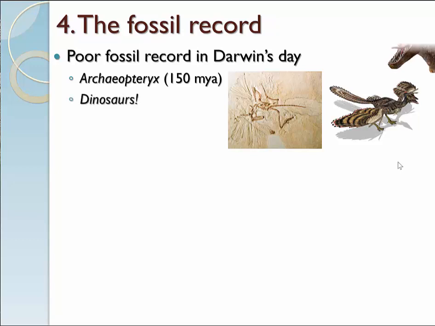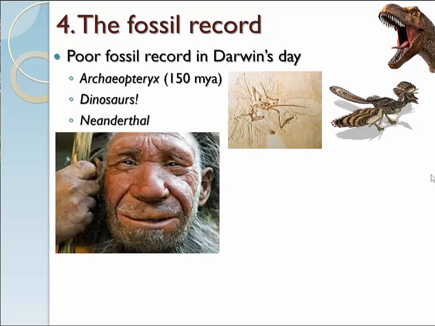And then there were lots of dinosaur fossils in Darwin's day, but no one really made a connection between dinosaurs and modern species. Neanderthal fossils were also discovered during this time, around the publication of The Origin of Species.